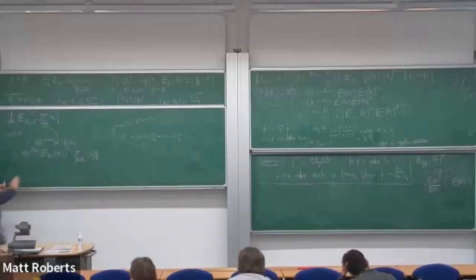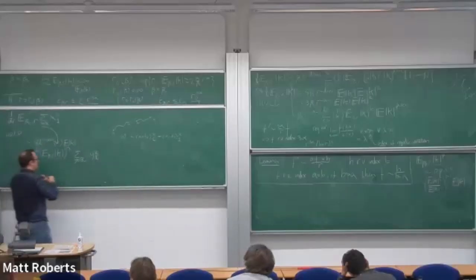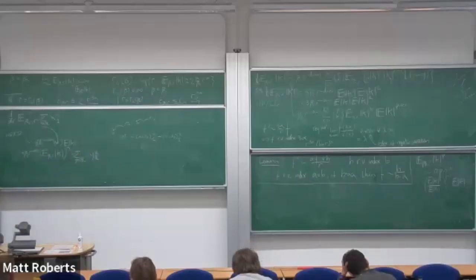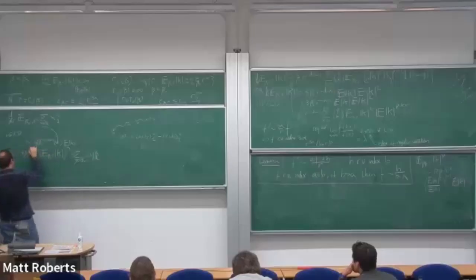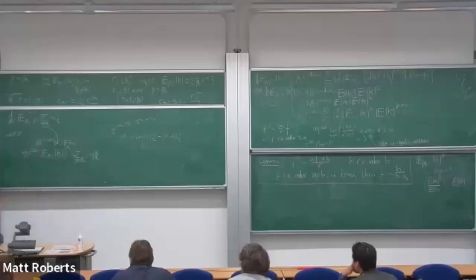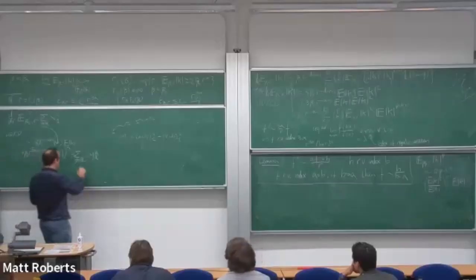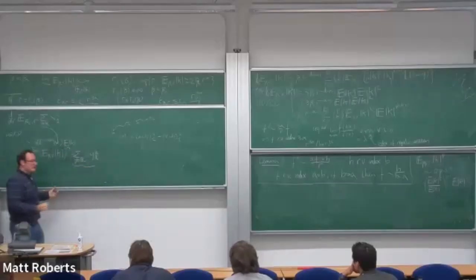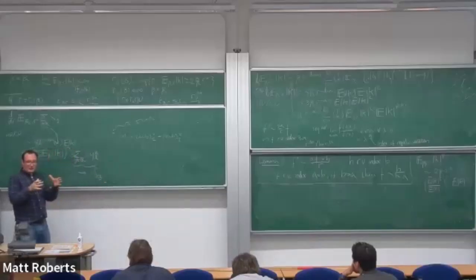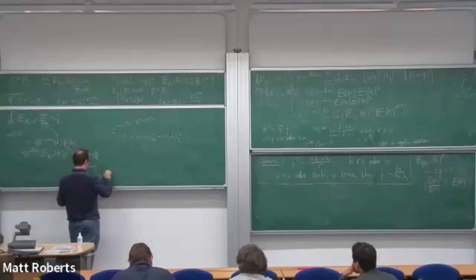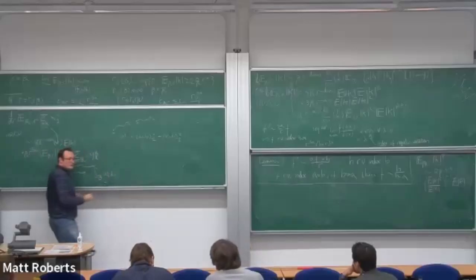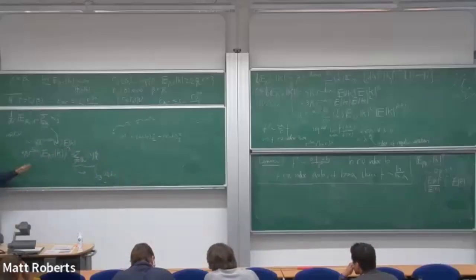Okay, so it makes sense to put this here, right? And in fact, it makes sense to add a 2 here and a 2 here. And then this thing here is just converging to the average over the continuum unit ball of, let's say, U1 squared. I'm just summing up, I've normalized things appropriately.